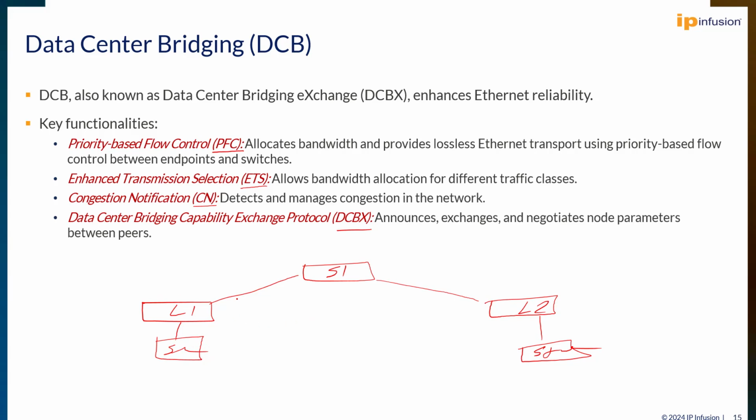These leaf switches, of course, all of them are going to have these quality of service features installed and configured on them, which means that I'm not going to miss any of these links, because the type of traffic which I'm sending here is going to have a specific marking on it. The leaf is going to receive that packet with that marking. It's going to send it to the other switch.